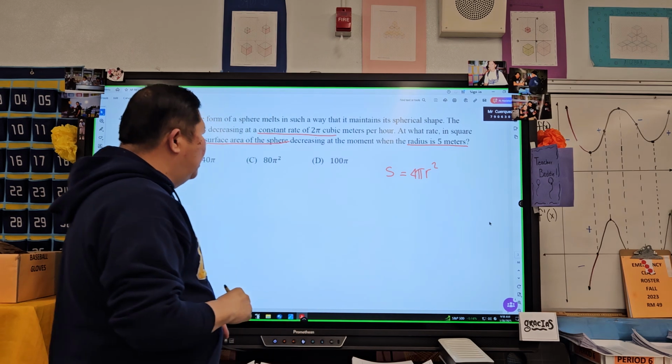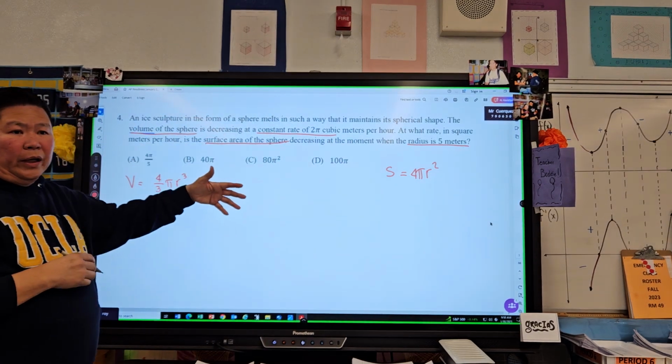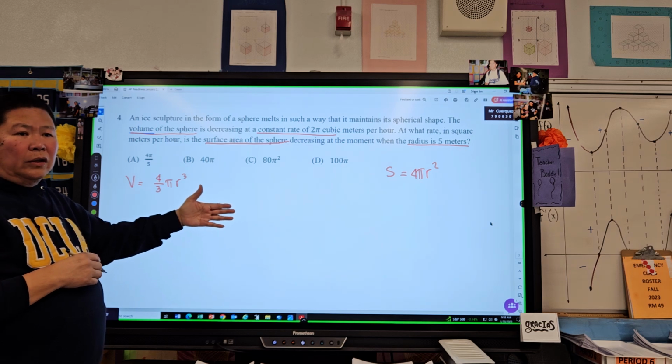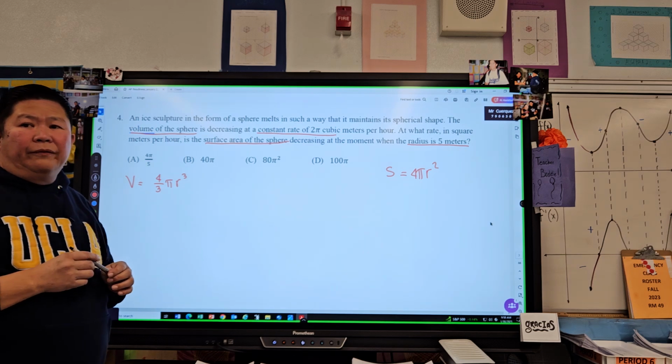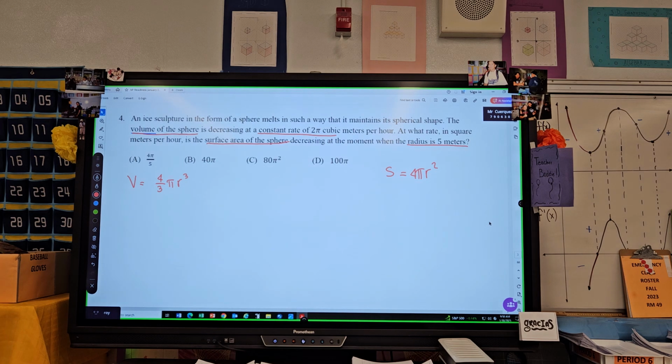These are the important things that we're going to focus on here. First, we have volume. Since we have volume, we're going to take the derivative of the formula for the volume.